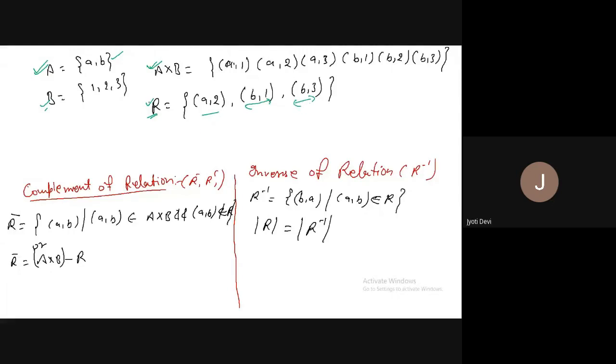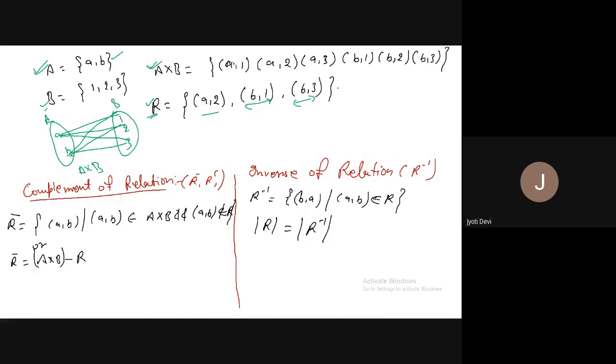So it is your relation. How do you define the cross product with the help of a function, meaning how do you do the mapping? 1 is mapped with each element of set B, A and B, and B is mapped with each element of B. This is your cross product.